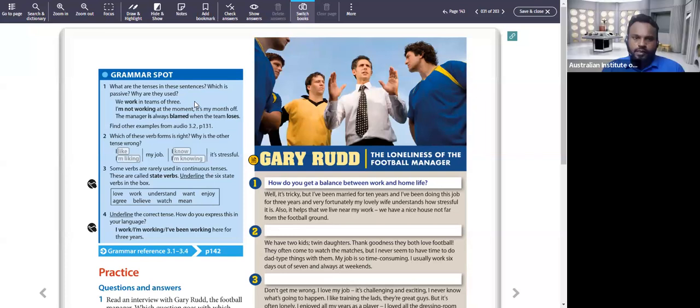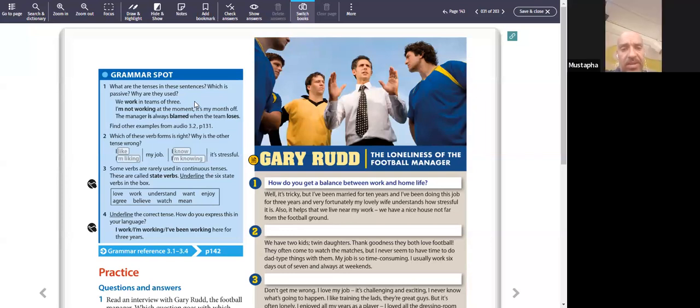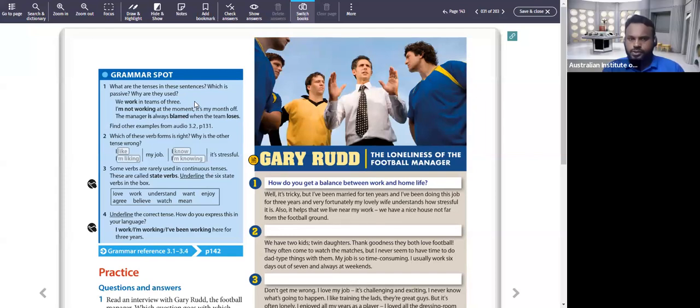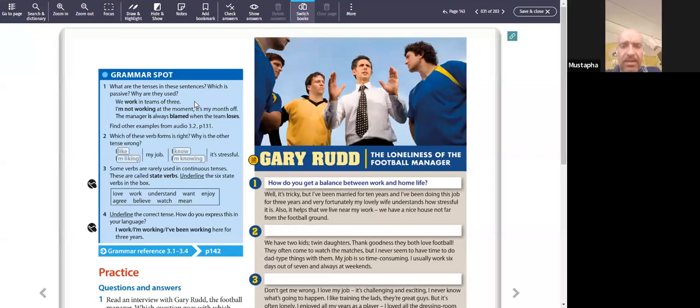Good. The next one: the manager is always blamed when the team loses. Which tense is it? Which form is it? This one is in passive form. Beautiful. And which tense of the passive form? We have a be verb in the present, and a past participle of the verb.